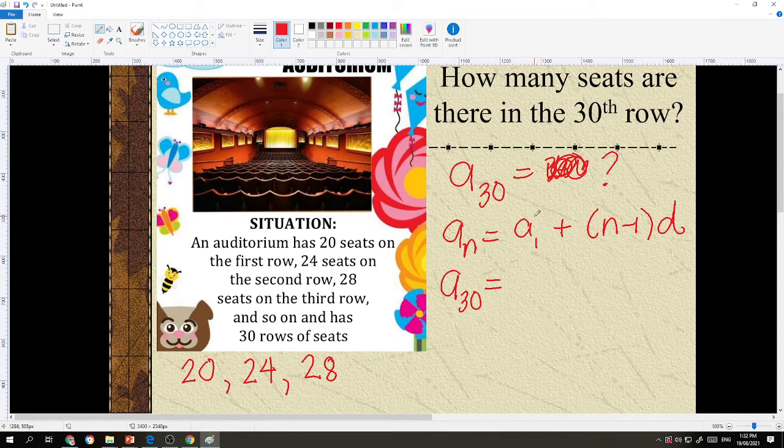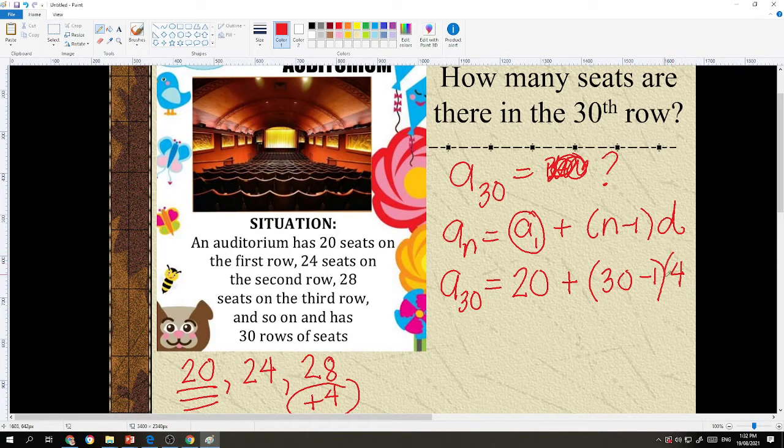What is the first term? 20 plus pila ang n? 30 minus 1 o pila ang d? Okay, plus 4 man na siya ang pattern, so times 4 ta diri.